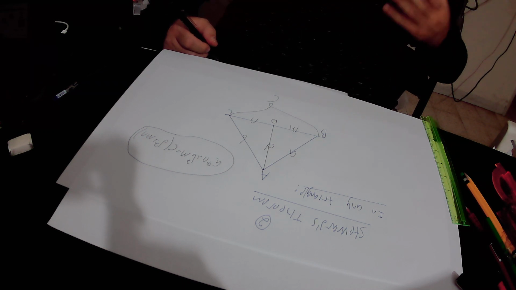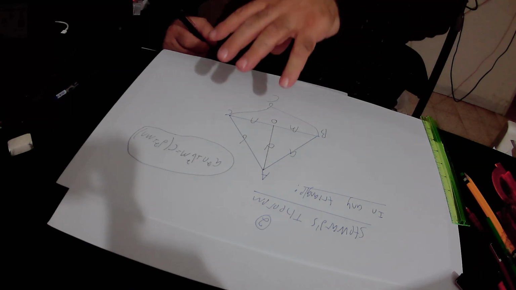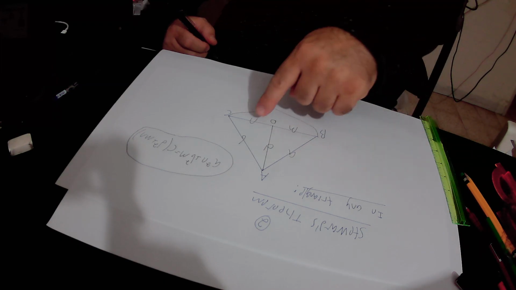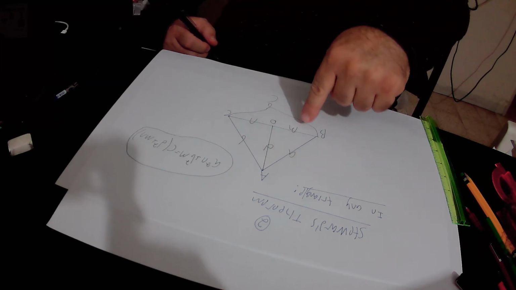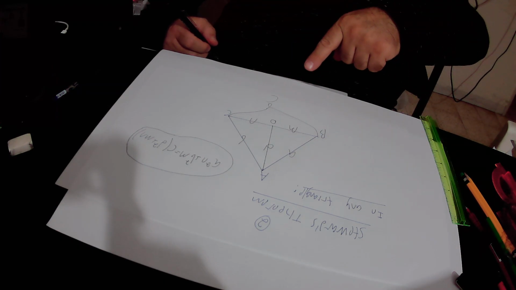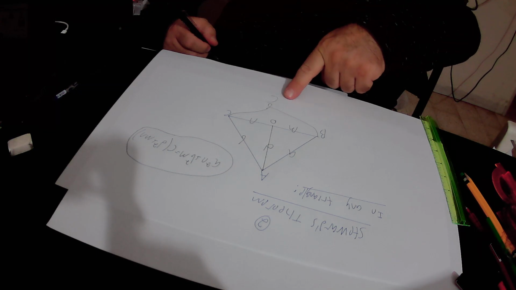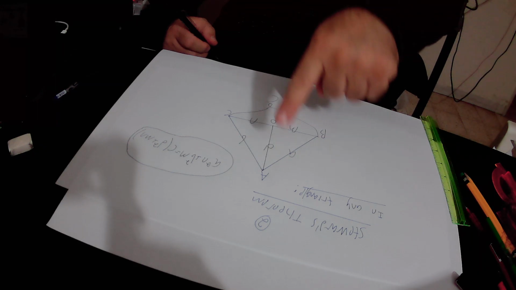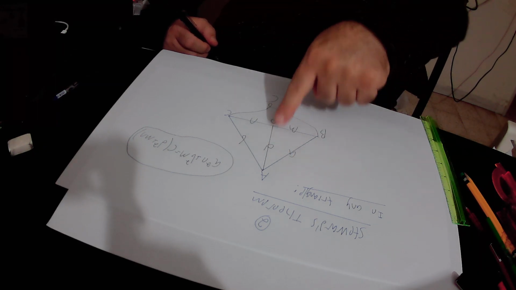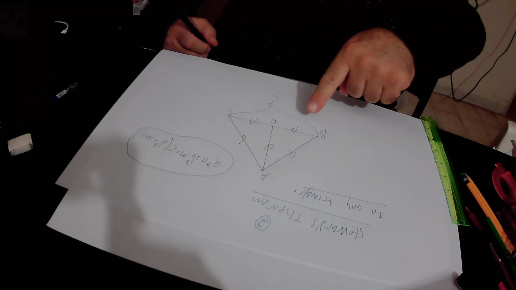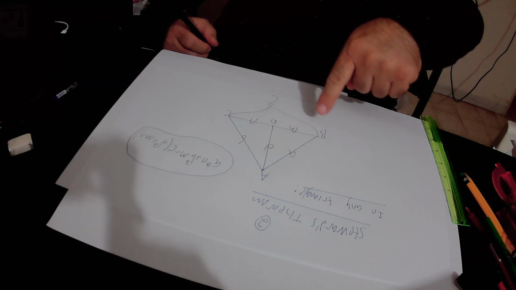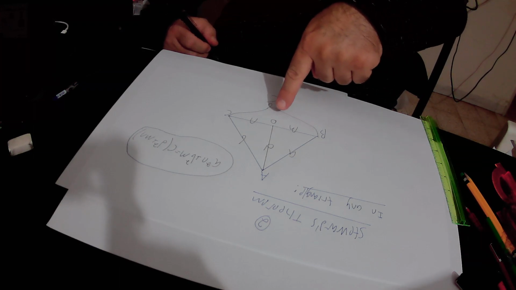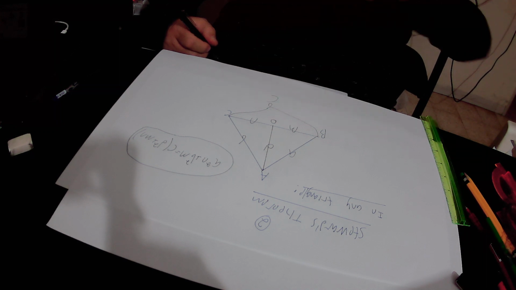Then, in any triangle, the following equation will be true. That A squared times N plus B squared times M will be equal to C, C is the length of side BC, times D squared, D is the length of line segment AO, plus M times N. M is the length of line segment BO, and N is the length of line segment OC.